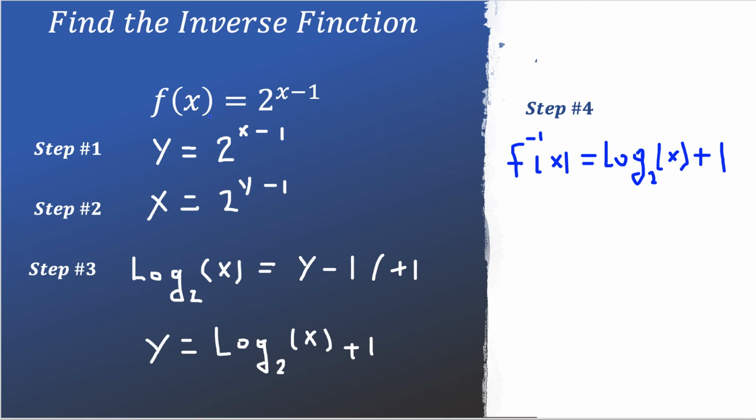We already found the inverse function of the exponential function f of x, that is 2 in exponent x minus 1. So the inverse function is log base 2 of x plus 1.